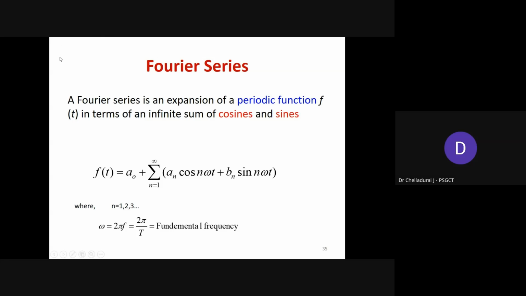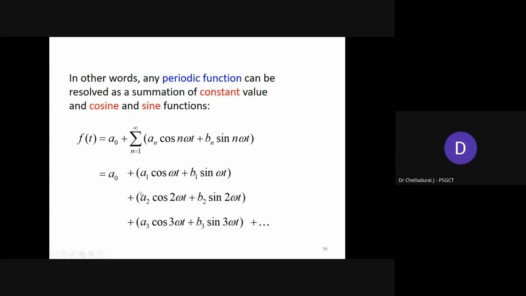Mathematically, f of t can be written as A naught plus the summation of order 1 to infinity of cosine and sine waveforms. A naught gives the information about how much DC component is present in any given waveform.